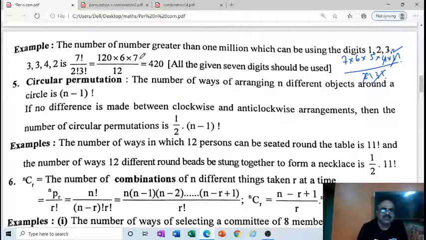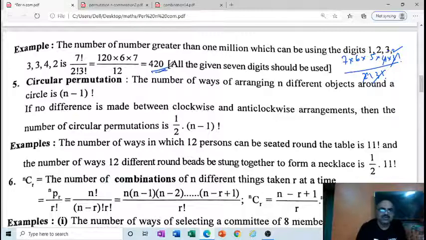In the denominator, 3 twos are 6, 6 twos are 12. They have taken all the values. Now you can cancel it. Whatever be the case, you must get the same answer. Now 7 into 6 into 5 into 2. 5 twos are 10. 10 sixes are 60. 60 into 7 is 420.